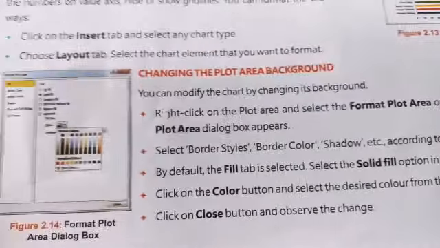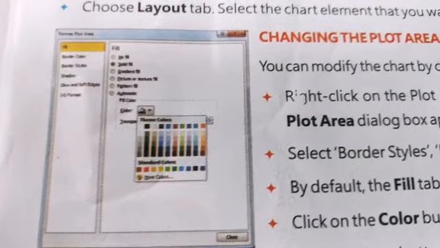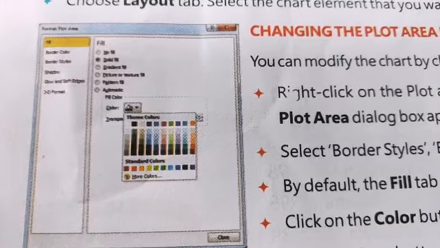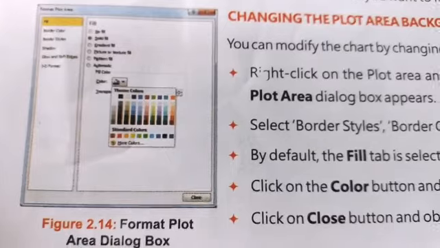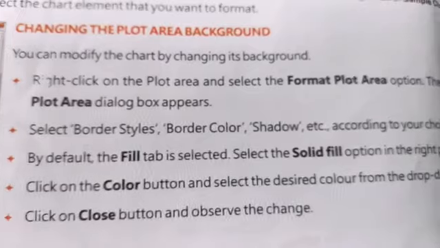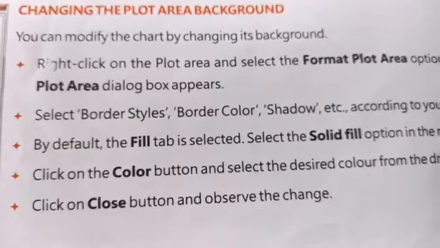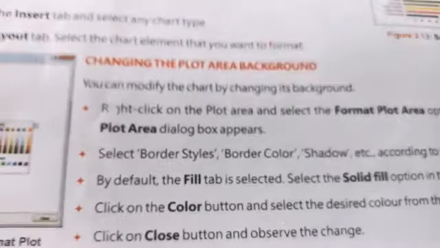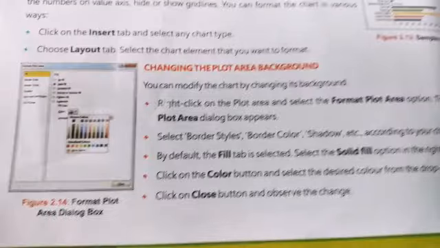From here you can select different types of color, like this menu will appear, and from that you can select the color according to your requirement. Then click the Close button and observe the changes that take place according to what you have selected.